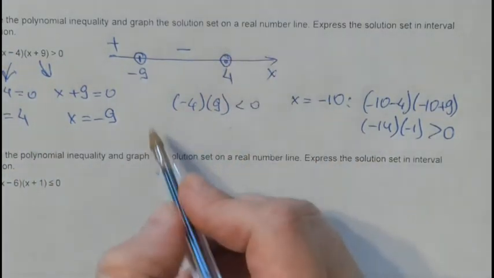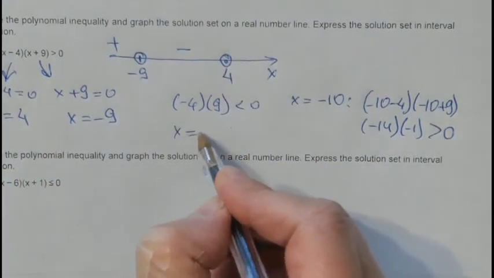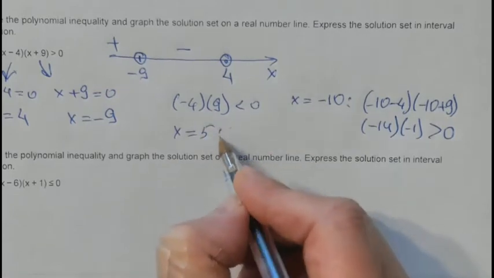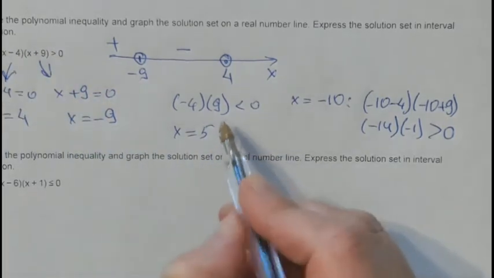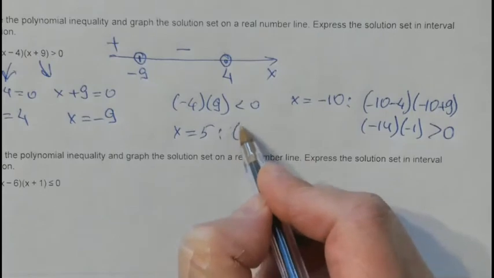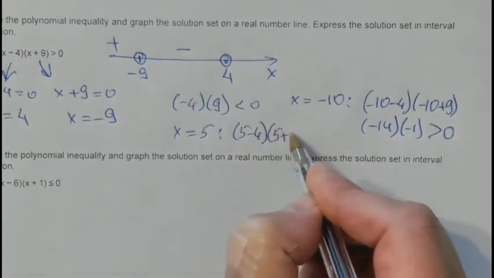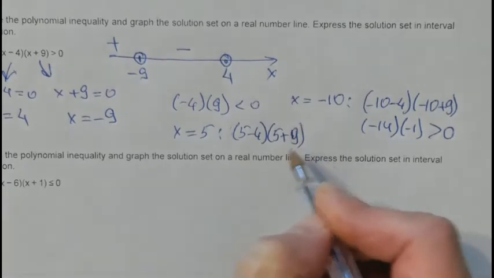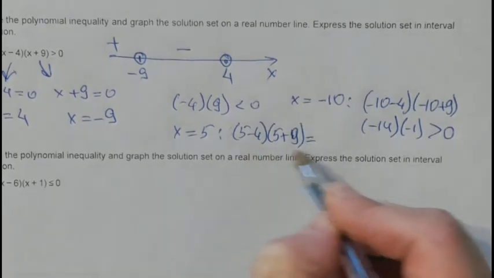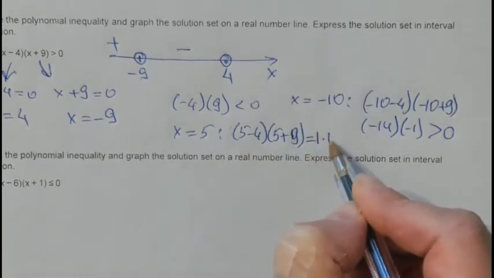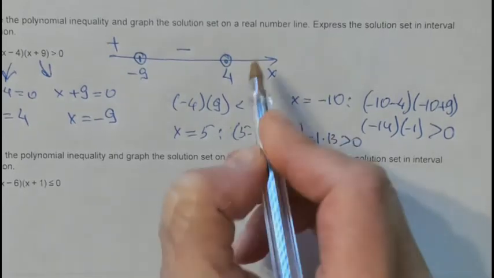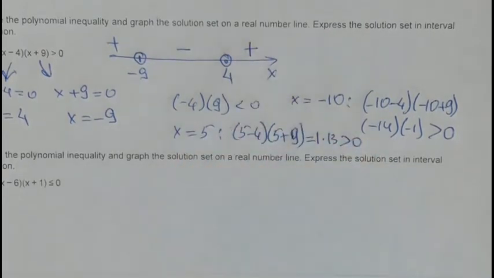In the third interval, let us pick x equals 5 and substitute. So 5 minus 4 times 5 plus 9, it will be 1 times 13 greater than 0. So to the right of 4 we also have plus.